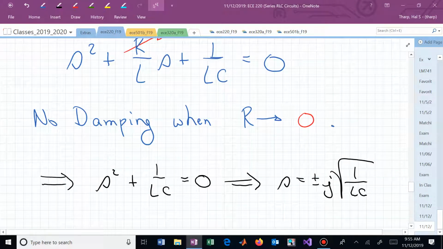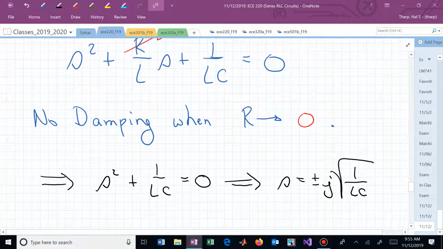What was no damping in our parallel RLC circuit? I'm not trying to confuse you, I'm just wanting you to make the contrast. In the parallel RLC circuit, all three elements were in parallel, R, L, and C. How did we make the damping go to 0 to get a tank circuit?